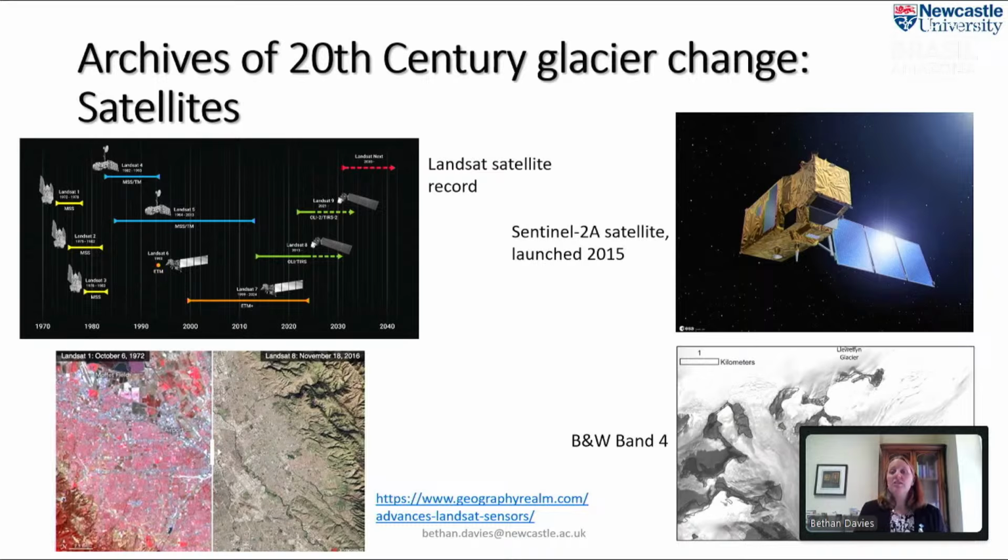And then we had the Sentinel satellites launched in 2015, and they again take regular pictures of the ice field. So an example here of what it looks like, and you can see these beautiful glaciers and structures of the ice that enable us to reconstruct the glacier behavior all the way from the 1980s through to the present day.